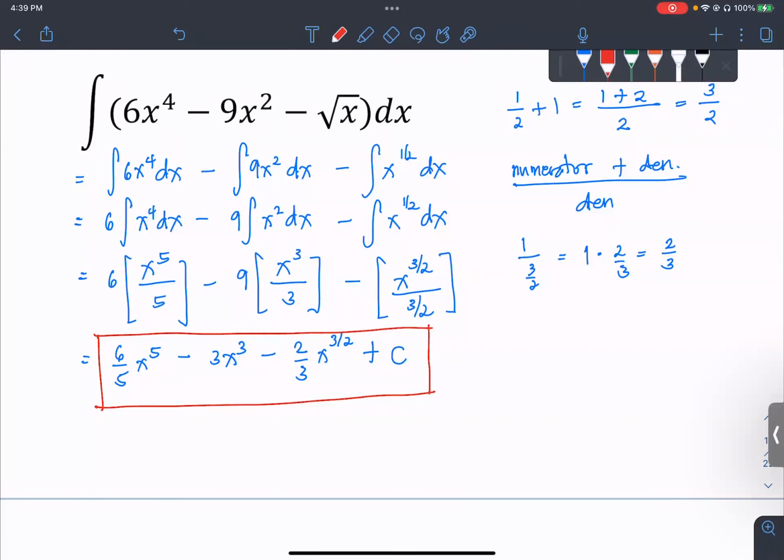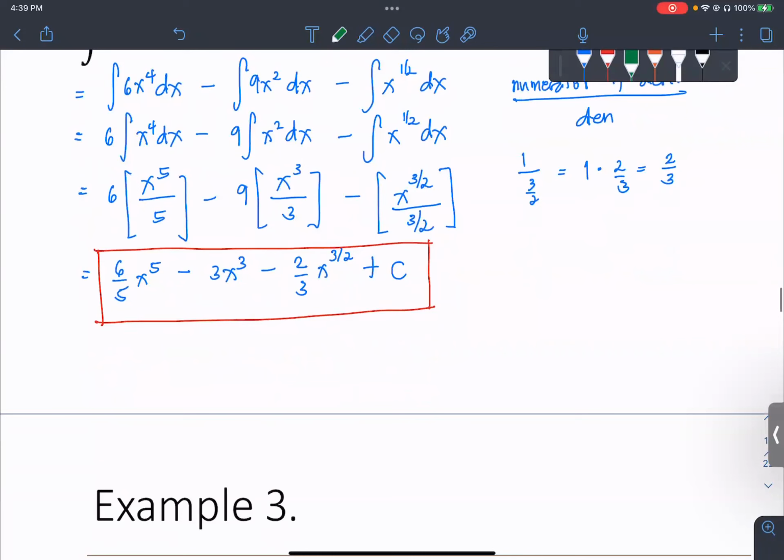Question? Clarifications? None naman po, sir. Kahit i-derive mo to, babalik siya dun sa una. So pag dinerive ko yan, 5 times 6 over 5, that is 6. Next, 5 minus 1, it's 4.